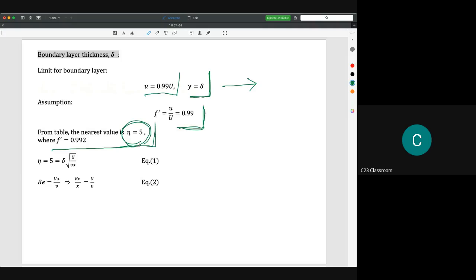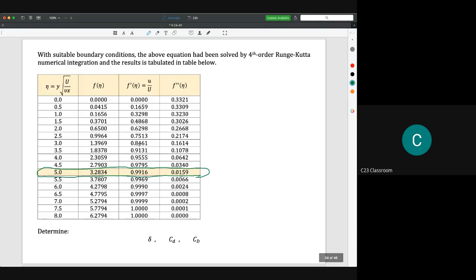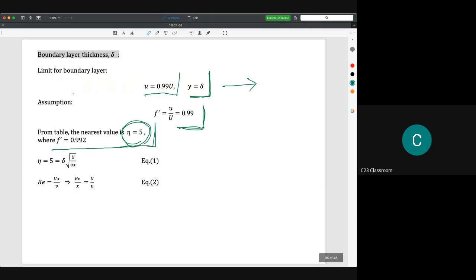So next, what you need to do is, because we know eta is defined as y square root of u over nu x, we can substitute the value of 5 here. We have 5 equal to delta square root of u over nu x.